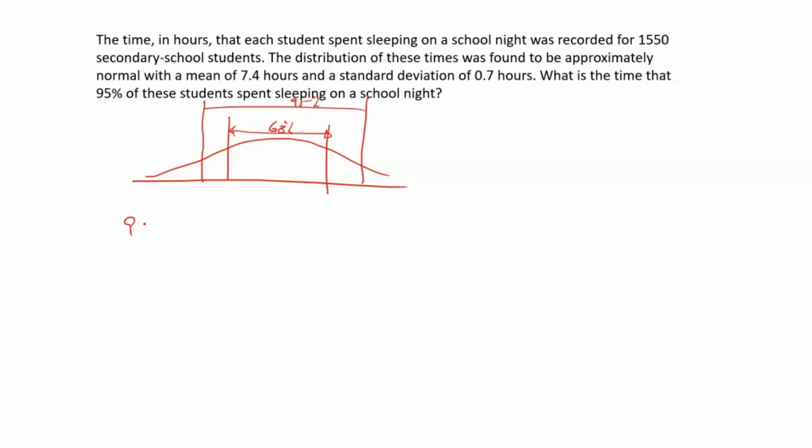For the 95 percentile, we take the average, which is the mean, plus or minus 2 standard deviations. So the mean is 7.4 plus or minus 2 times 0.7.